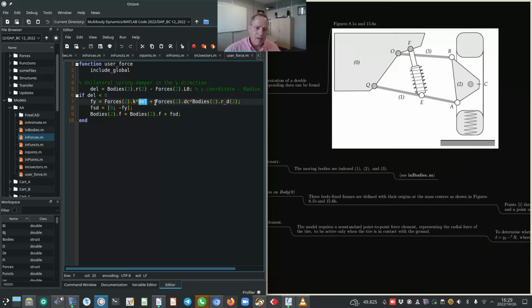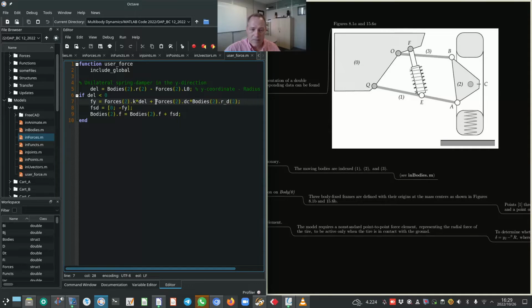The damping component is a bit more subtle. The second body's y velocity is positive going upwards. So if this body is moving downwards, there's a negative velocity, so r_d 2 will be negative.